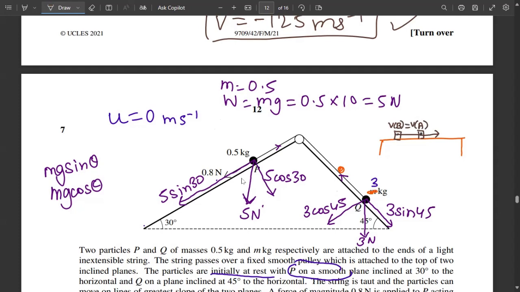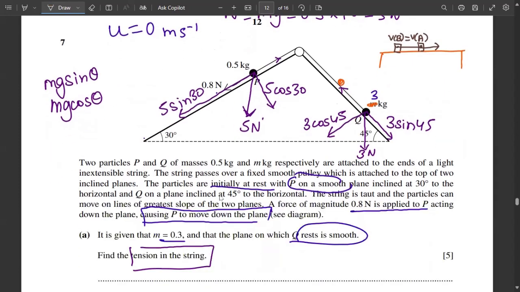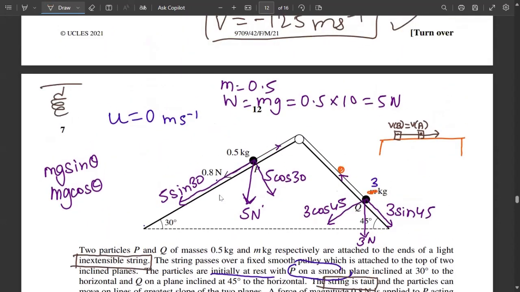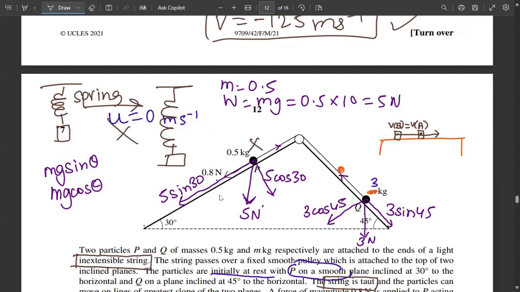This is the same case. Why? Because here we are given that the string is inextensible and the string is taut. Inextensible means the string will not extend. For example, if you have a spring, not a string, and you put it on a pendulum, then the spring will extend downward, right? Like this. So this is not the case here. The string will not extend, it will move as it is, like a stick.